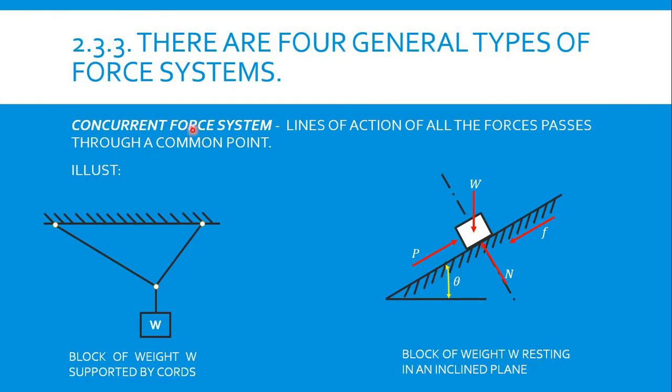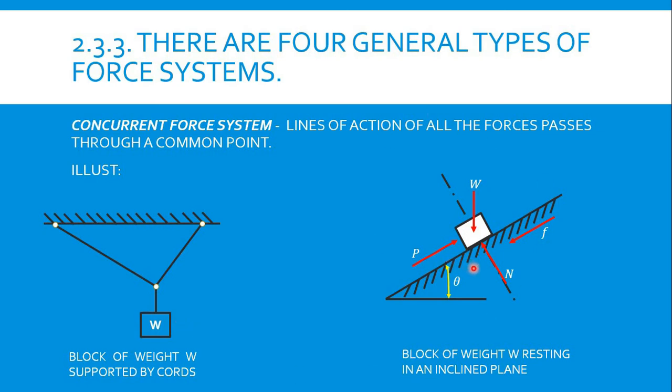Next is concurrent force system. Lines of action of all the forces pass through a common point. In the first illustration here, these points are connected to this point, which supports the block of weight W. The cords are connected as one to support this block of weight.